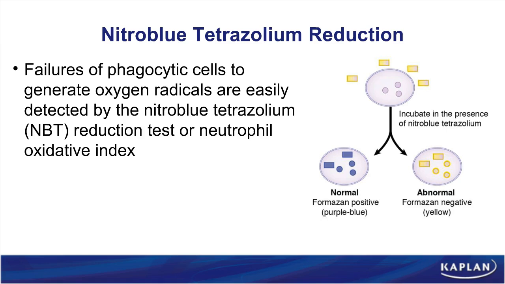So, in patients with chronic granulomatous disease, they are unable to reduce the nitroblue tetrazolium. And that is used as a test in patients to see whether or not their NADPH oxidase is working. The problem with this test is it's reported backwards, right?